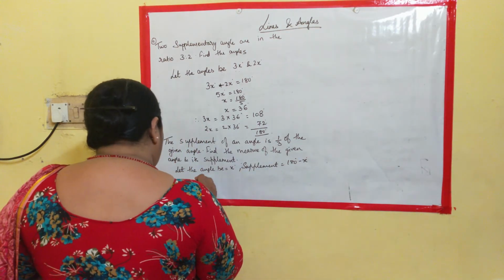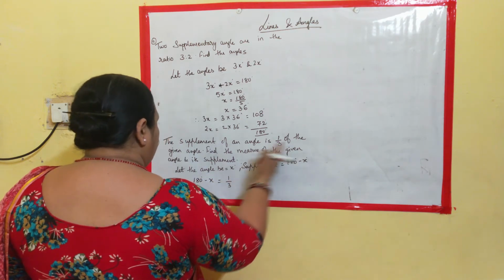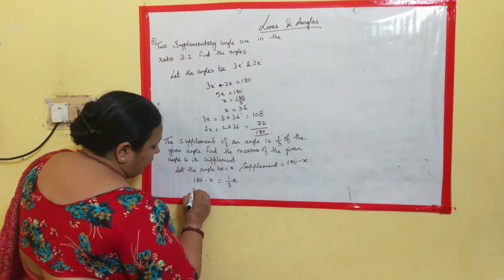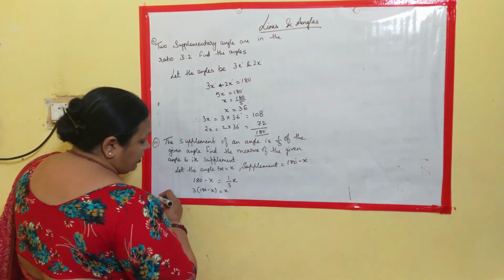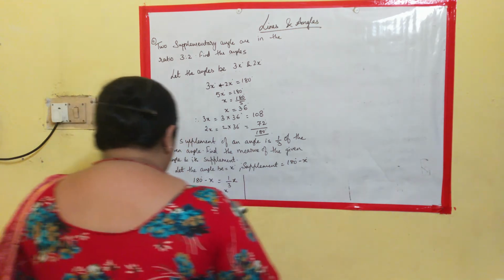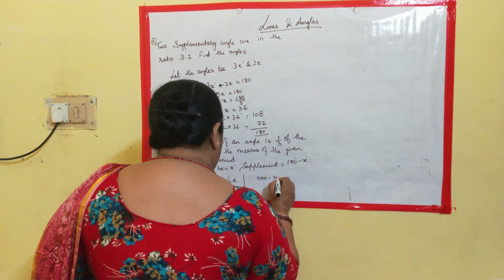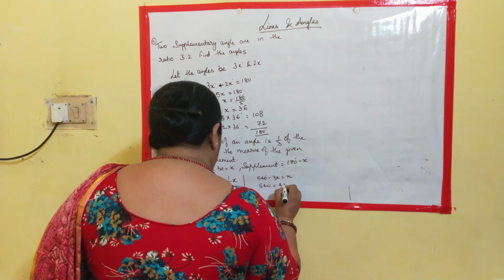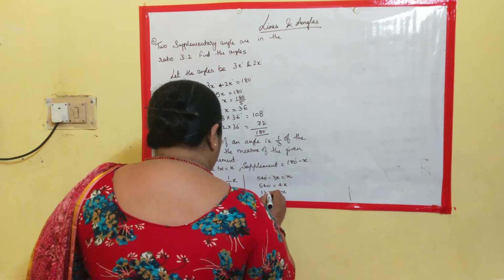Then we know that 180 minus x is nothing but 1/3 of the given angle, that is x. The equation here will change as 3 into 180 minus x is equal to x. Then on simplification, we get 540 degree minus 3x is equal to x. 540 is equal to 4x. x is equal to 135 degree.